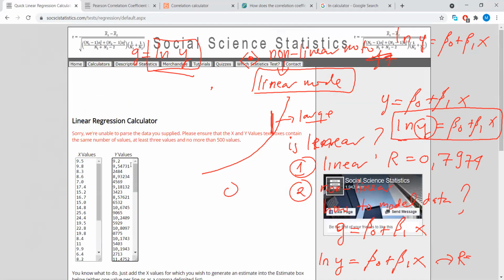I cannot directly estimate from the calculator, sir. I must tidy it up first, because the commas are different. In Excel, the comma is a decimal comma, here it is a dot. I think your setting is still in Indonesian. Oh, I see. No problem.